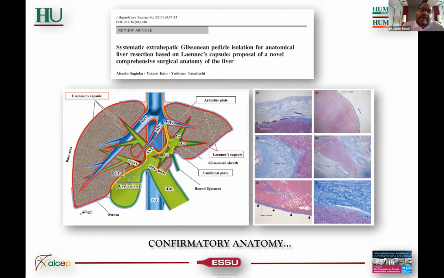So the major vessels in the liver are separated from the parenchyma not only by the vessel wall, but also by the capsule, which separates the liver from the inferior vena cava and from the exterior of the organ, other than the glissonian sheath. So there is a further structure that is a barrier between the major vessel and the tissue in the liver.